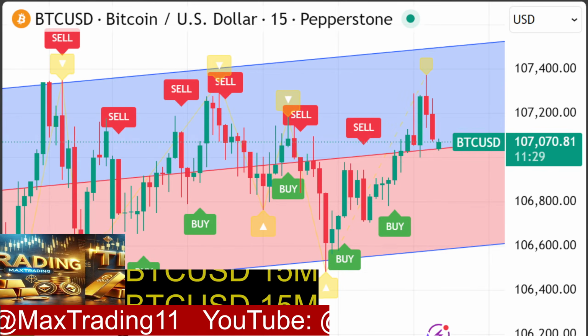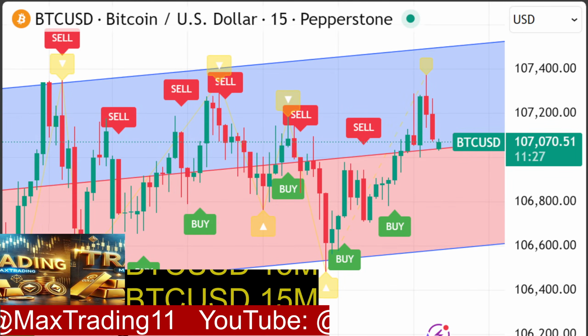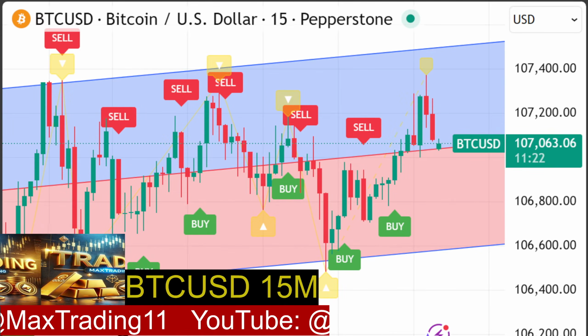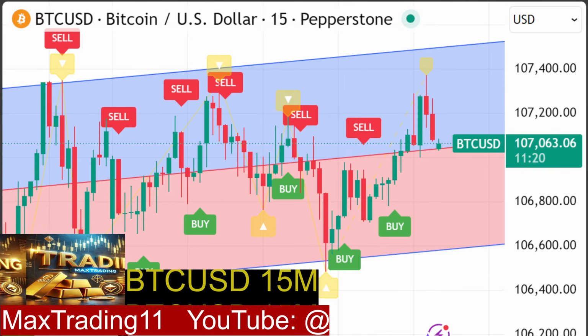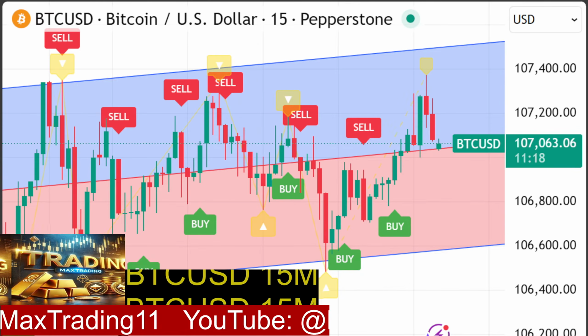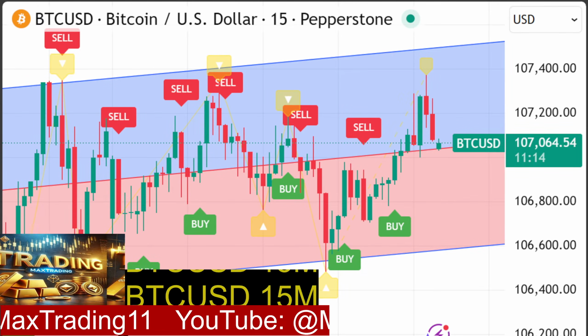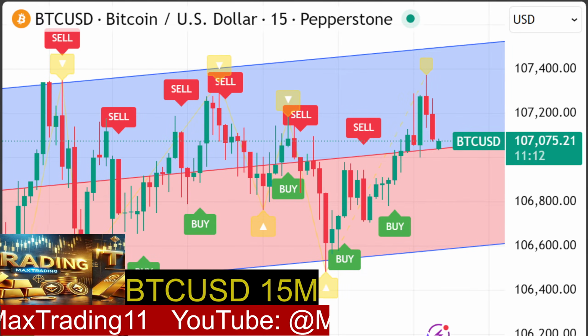This is called the re-entry zone. Once price retests the upper band as new support and confirms with a zigzag low or bullish candle, the next wave usually follows, often stronger than the last.